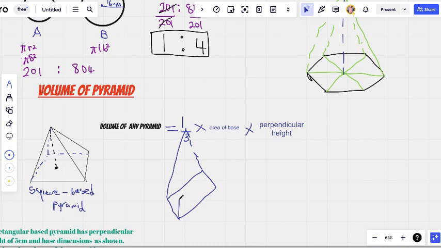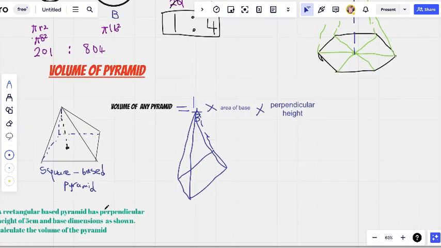All this one will meet here. This is a rectangular pyramid. Whatever it is, it has the same formula: 1 over 3 times the base area times the height.